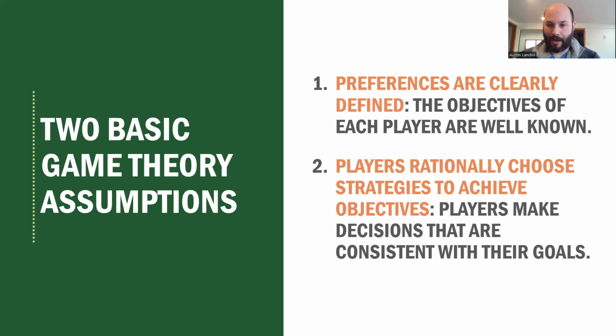The objective of each player is well known. And that objective is to choose rationally to maximize payoff. Right? So if we're talking about companies, we're usually talking about profit maximization, or we can have these little two-player games, which we'll introduce here, where each player is trying to maximize their payoff as defined by the setup of the game. All right, so rationality in game theory means that each player is choosing to maximize their payoffs at all times.